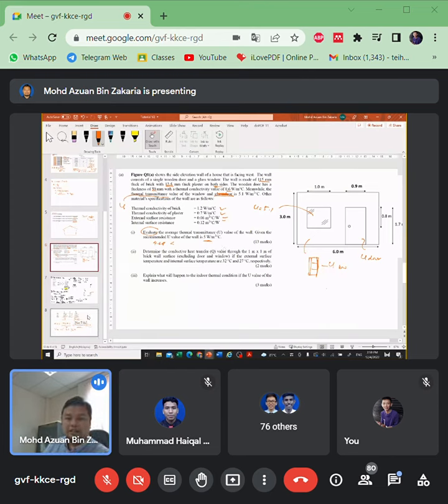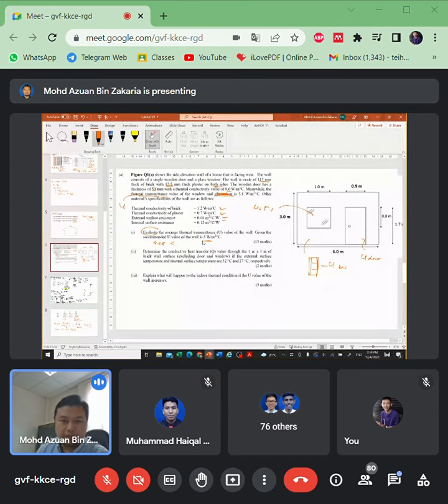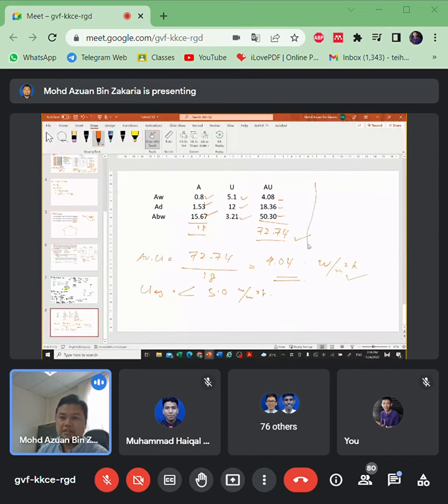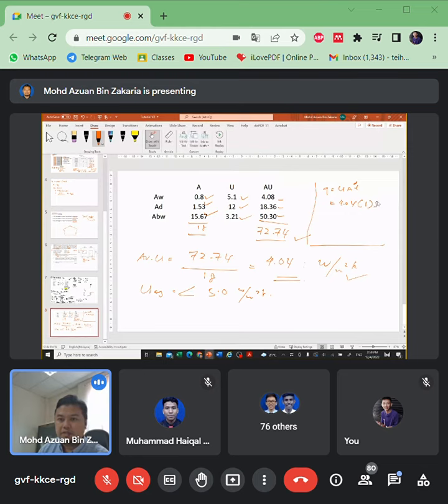Okay, next, this question is to determine the conductive heat, so Q value. So next is just Q using Q equals U A delta T. So U is 4.04, A is 1, because they want to consider 1 only. And then surface temperature difference is 5 degrees.